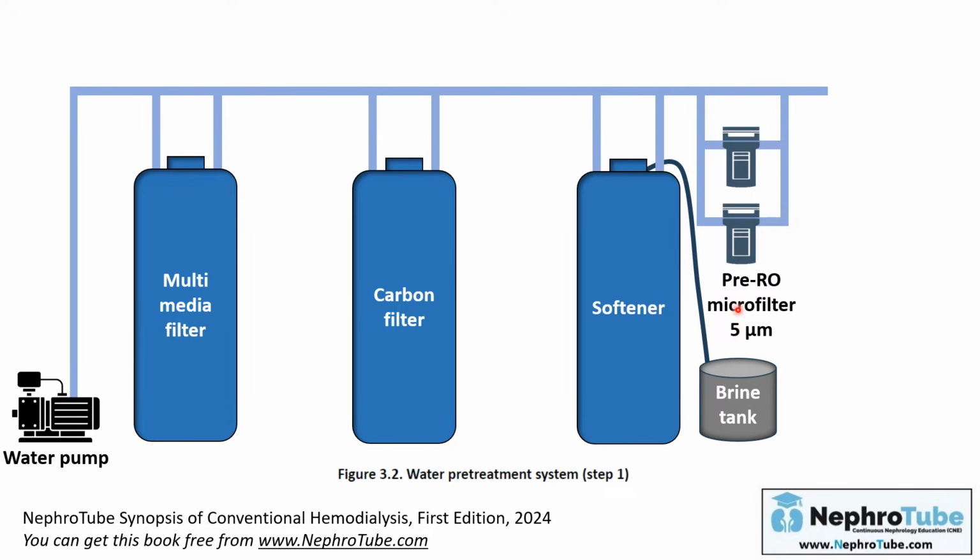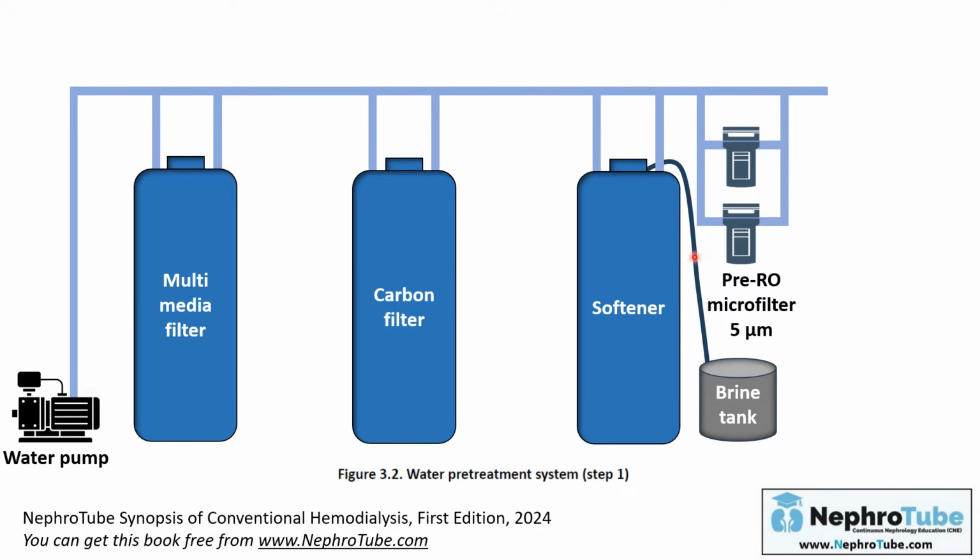We can start with a 5 micron microfilter and put after it another filter of 4 micron, then another one of 3 micron, with decreasing sizes to remove small particles. Here in Egypt, the practice is to put only one size of microfilter before the reverse osmosis. What is the importance of these microfilters?